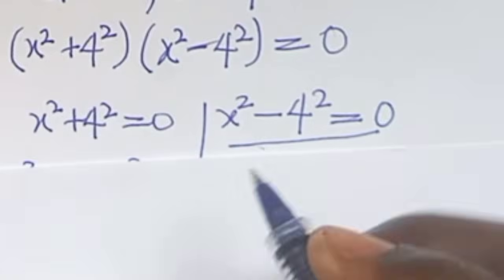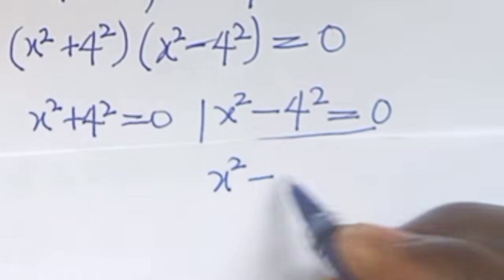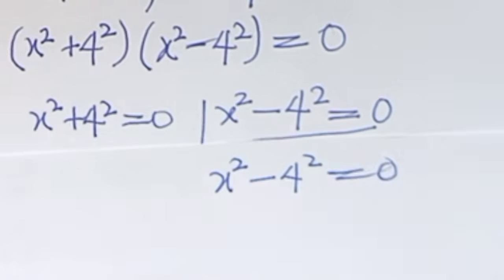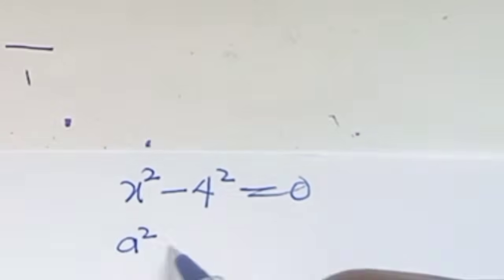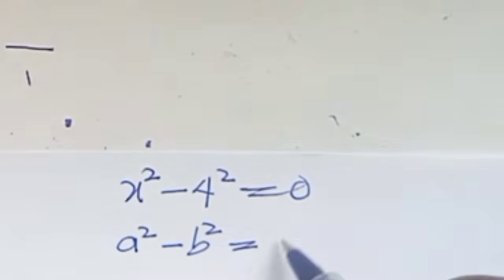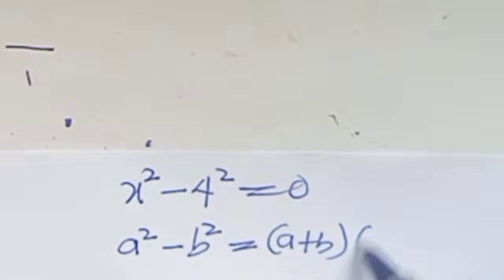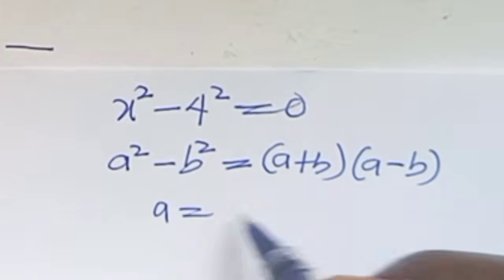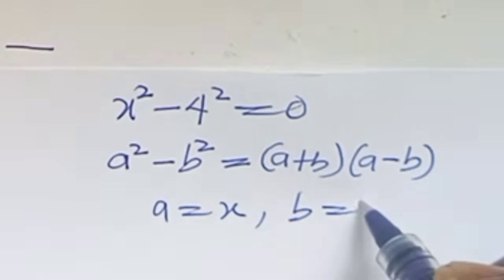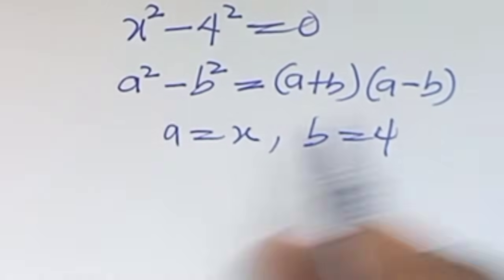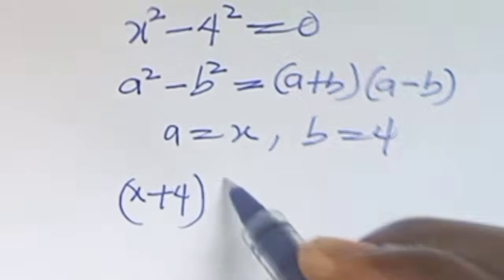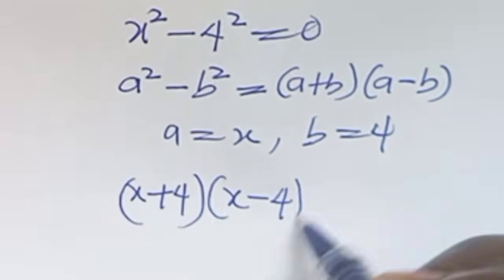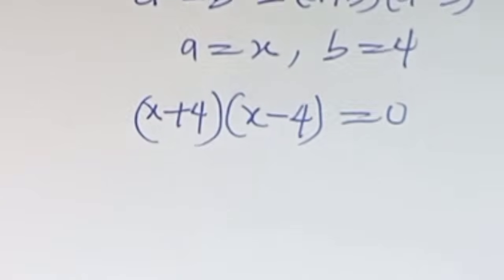So for case 2, x to the power of 2 minus 4 to the power of 2 is equal to 0. But a to the power of 2 minus b to the power of 2 is represented as a plus b and a minus b. Here, a is equal to x and b is 4. And if we do this very well, we're going to end up having x plus 4 times x minus 4 is equal to 0.